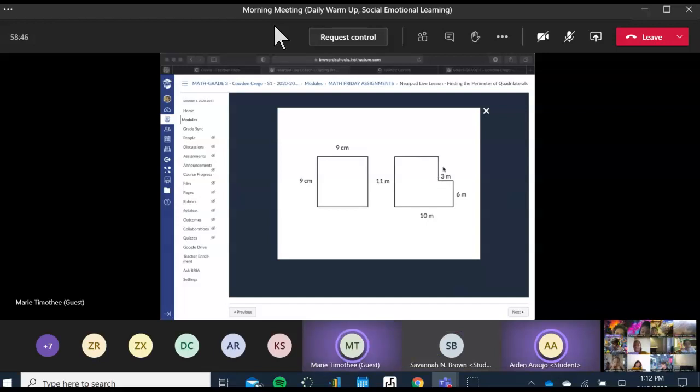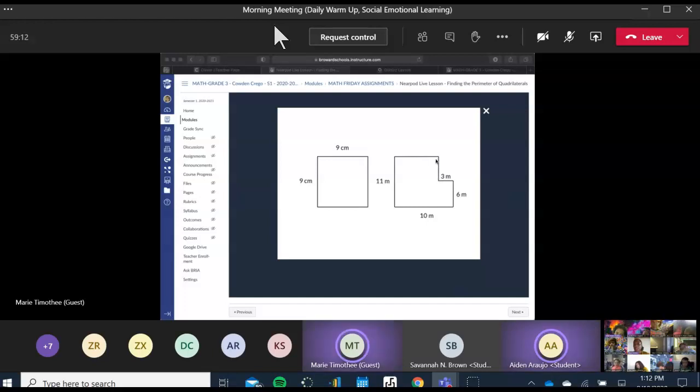Okay, so when we look at over here, I know it looks a little confusing, guys. This would be 5 meters. I know that because over here is 11, and over here is 6 meters. So that means this would be 5 meters over here.